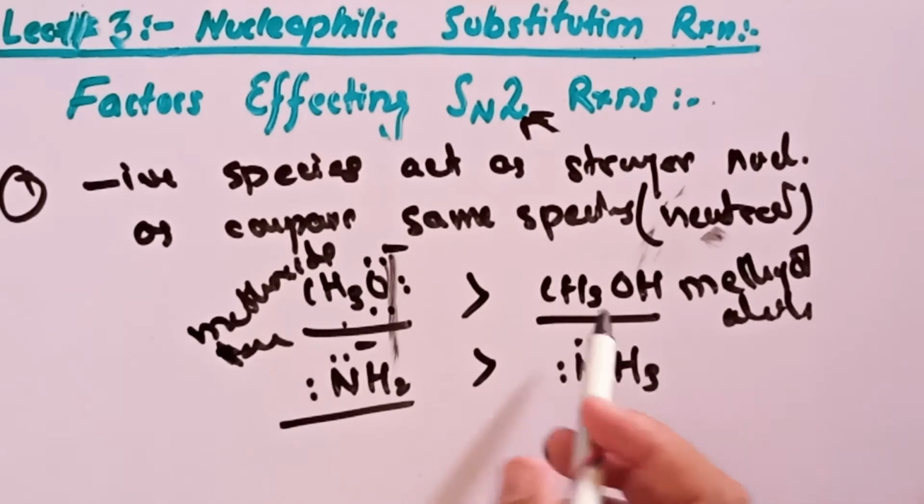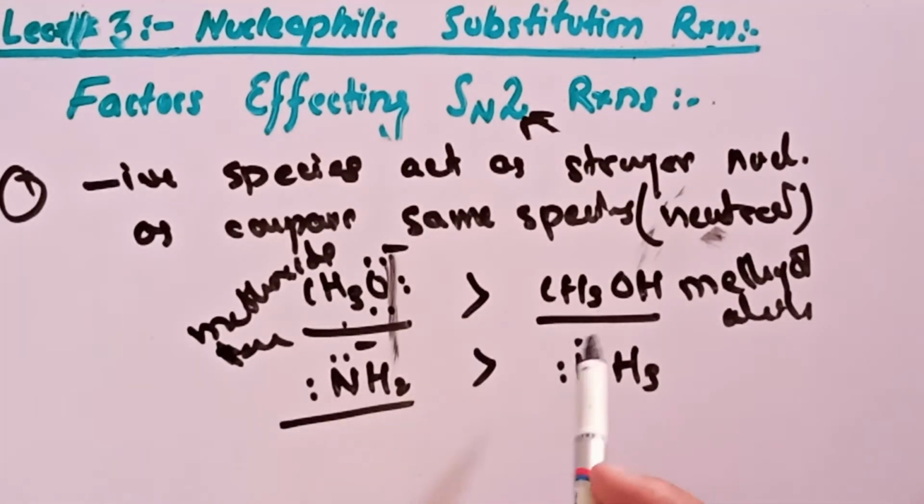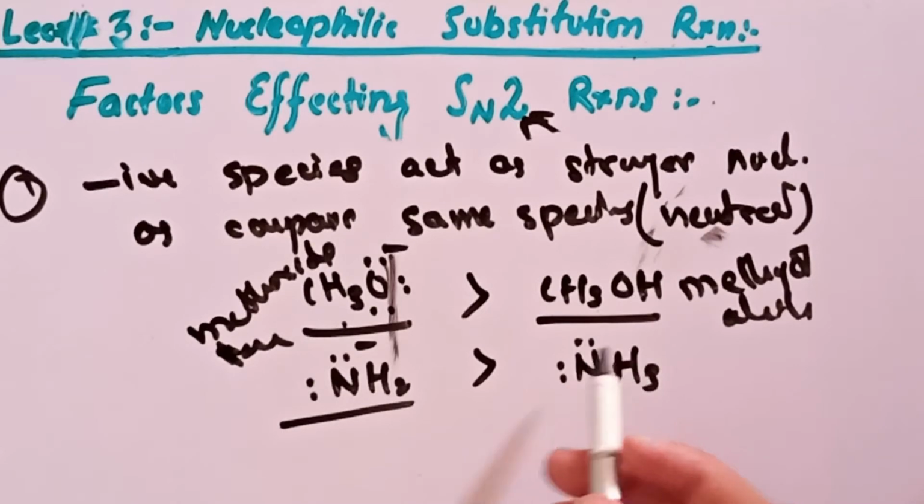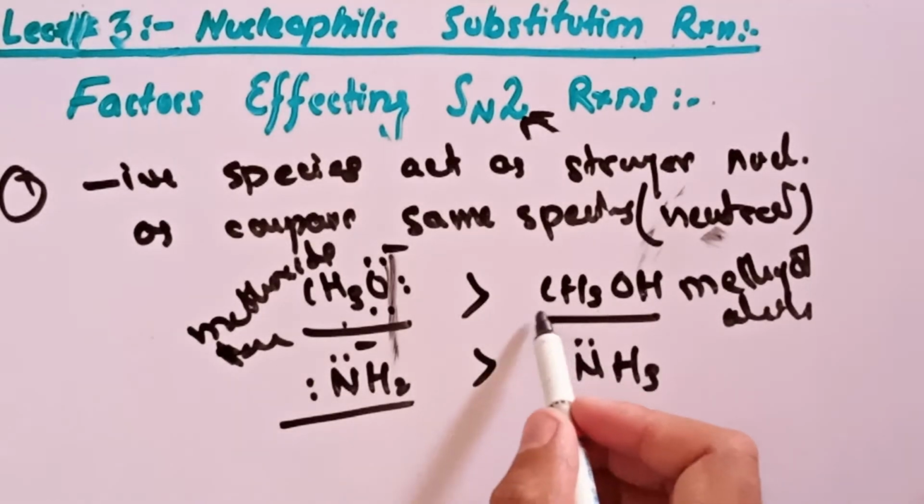So methyl alcohol is a weaker nucleophile, about 1 million times slower in an Sn2 reaction.